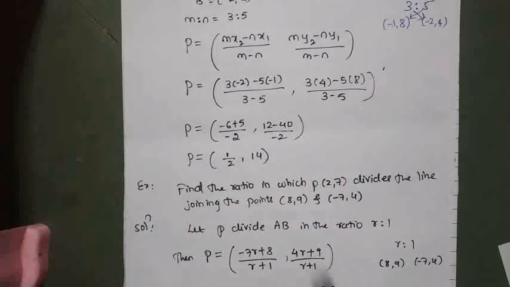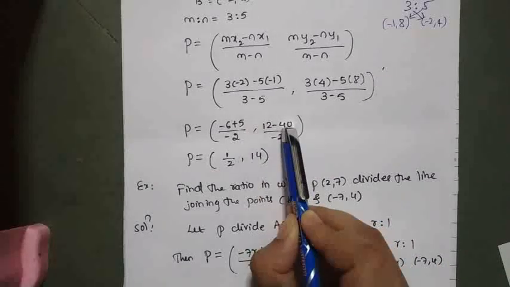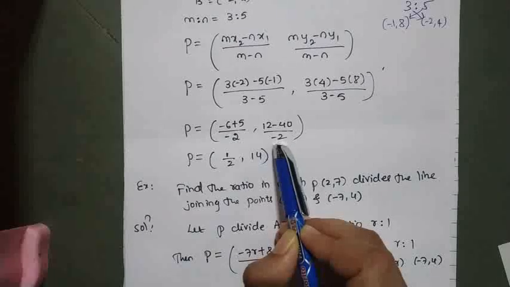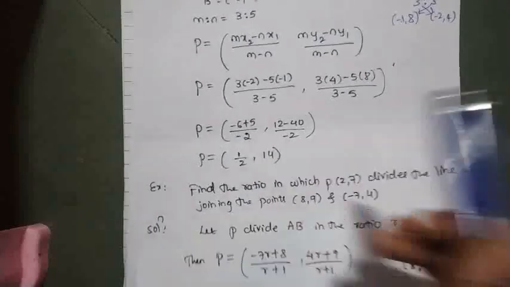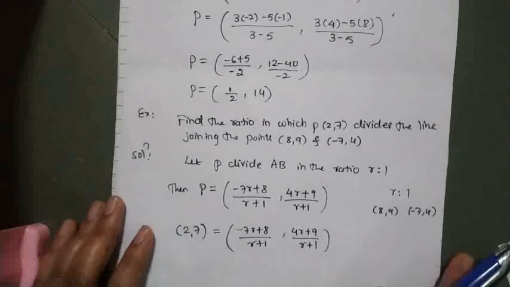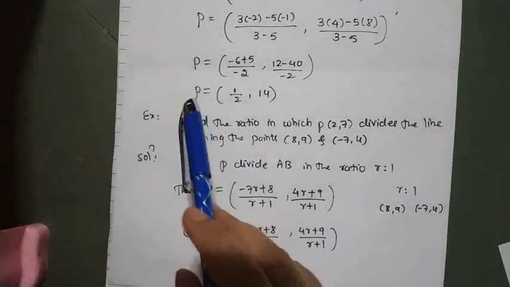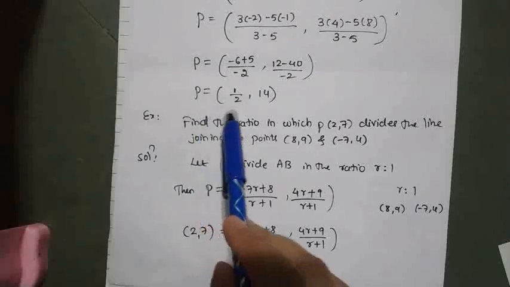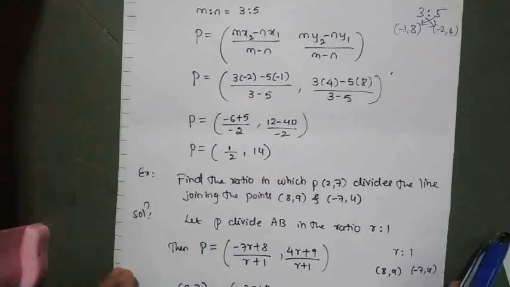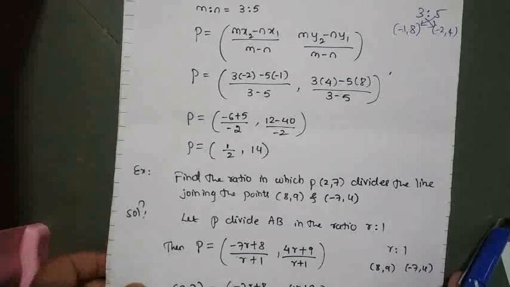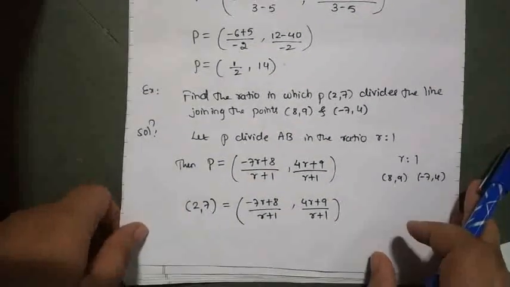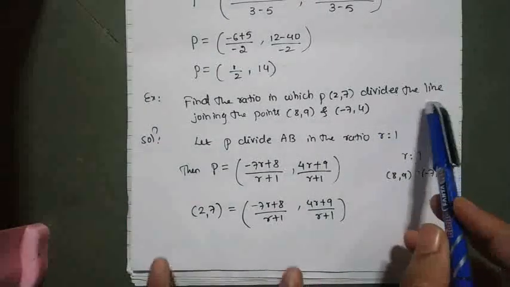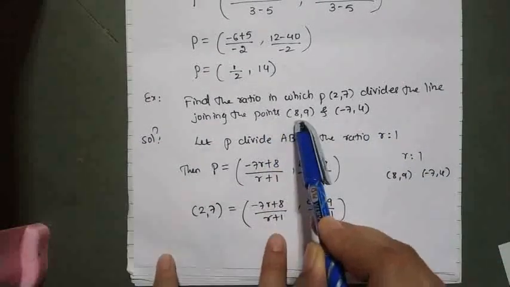It becomes 28: 12 minus 40 is -28, and -28 by -2 is +14. So the coordinates of a point P which divides the line AB externally in the ratio 3:5 is (1/2, 14).